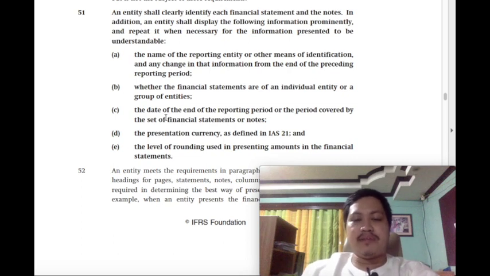And if you do not present the entire amounts, then you must present the level of rounding. Level of rounding meaning whether the amounts are presented in thousands, in millions, or in billions. So the items provided in paragraph 51, class, are actually instilled on us already without us knowing that those things are actually in compliance with the requirement of a standard.